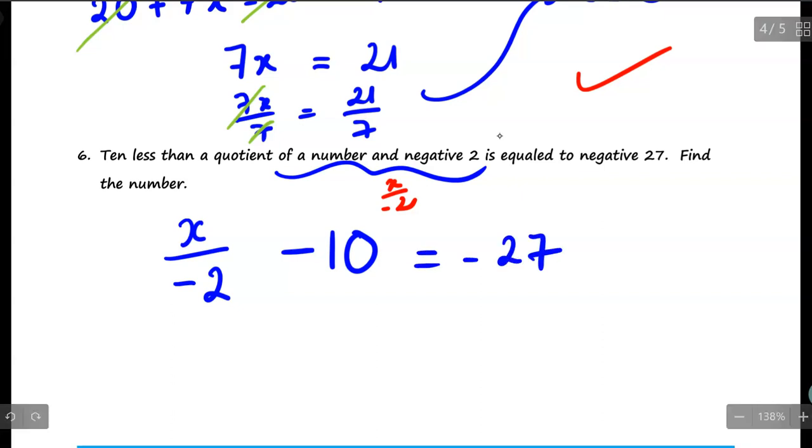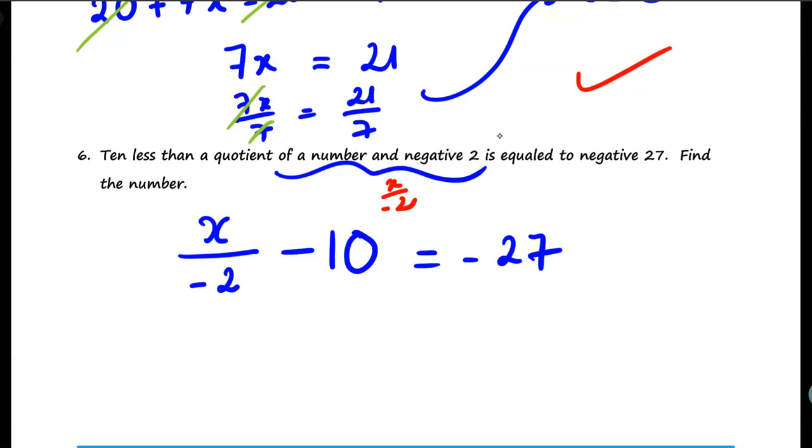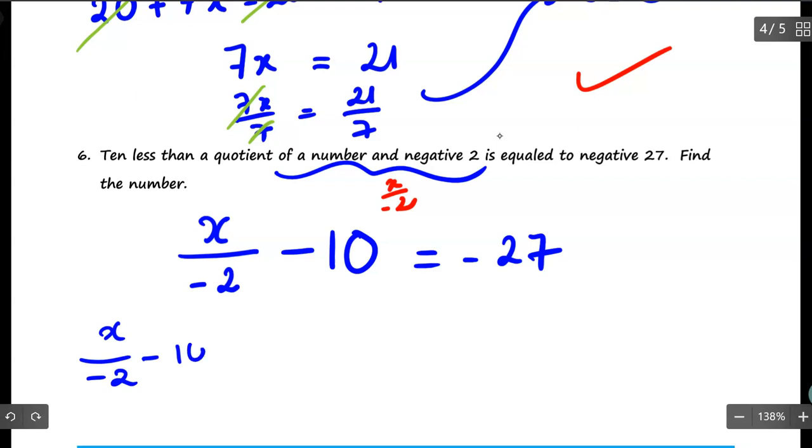Let me rearrange this. In solving for this, I will add 10 to both sides, so this and that cancel out.